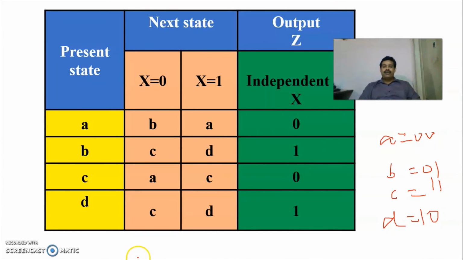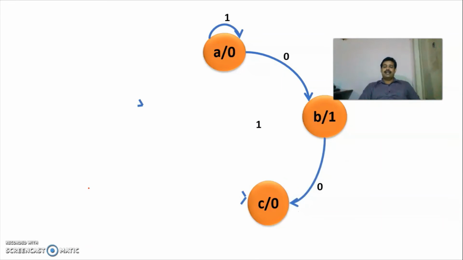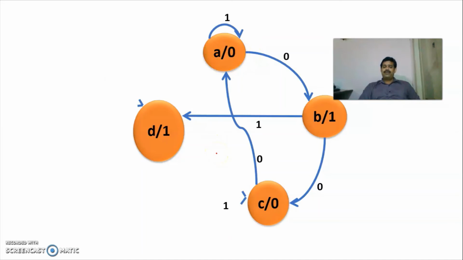Next, we are converting this state table into a state diagram. So this is a state diagram. Since the output of the circuit is independent of the external input, the circuit is a Moore circuit. In a Moore circuit, you have to write the output inside the circle.